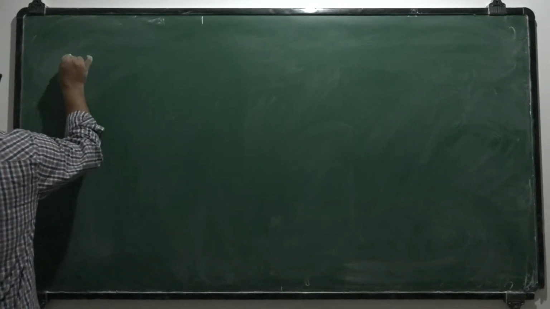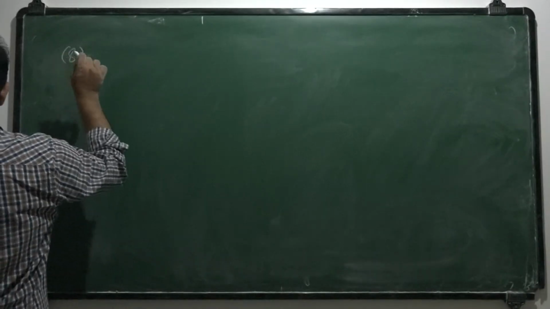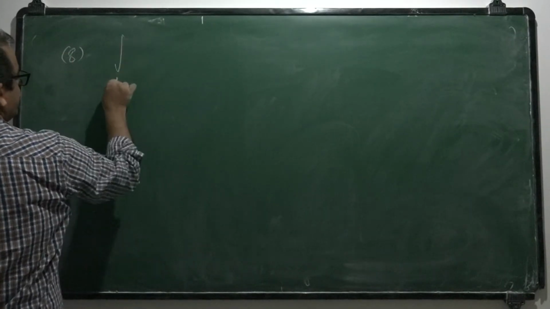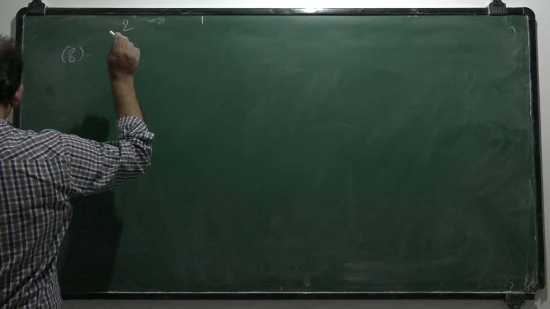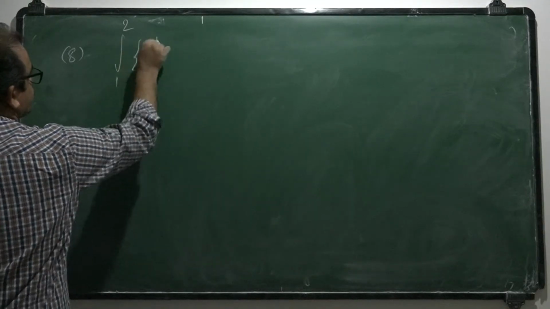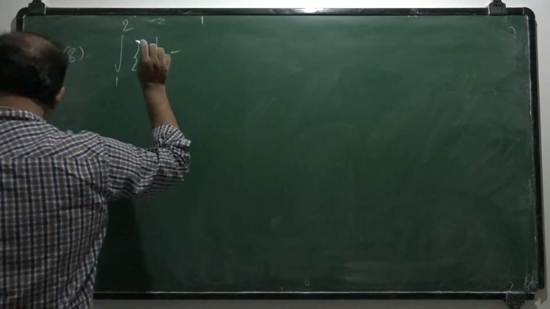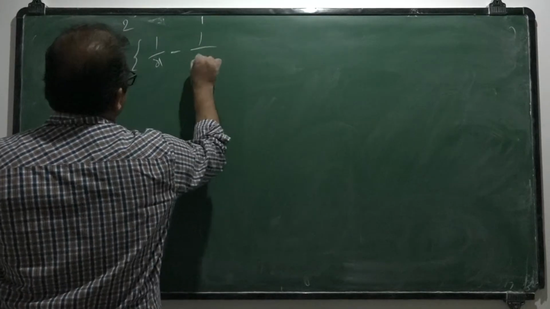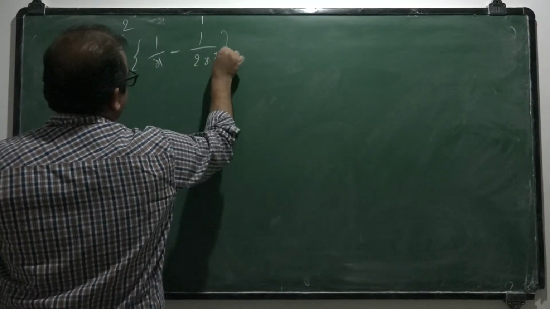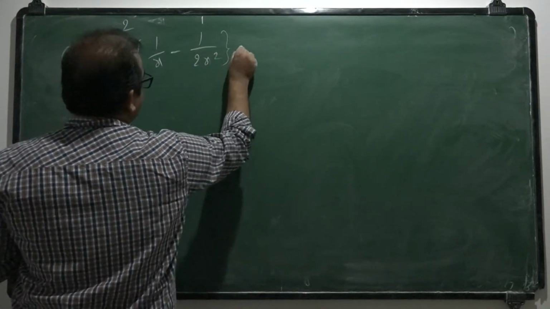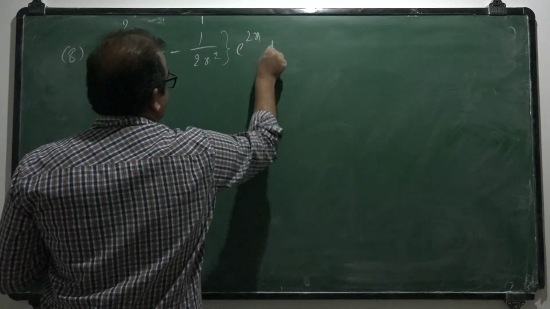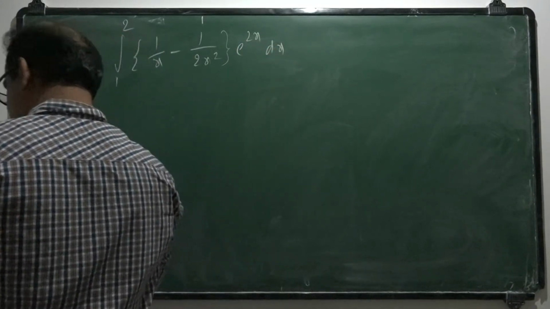Next, eighth one, integral 1 to 2 of 1 by x minus 1 by 2x square into e power 2x into dx.